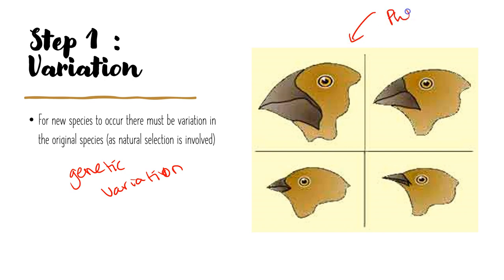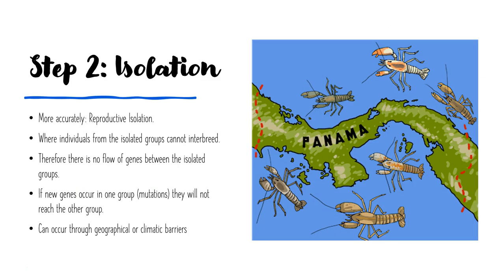So here we have phenotypic variation, which of course is going to come about due to genetic variation, this being from mutation, sexual reproduction, and all the things we talked about in our genetic variation video. So just with any form of evolution, the first step is we have to have variation in a population.